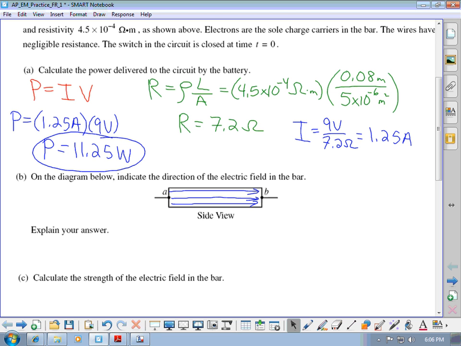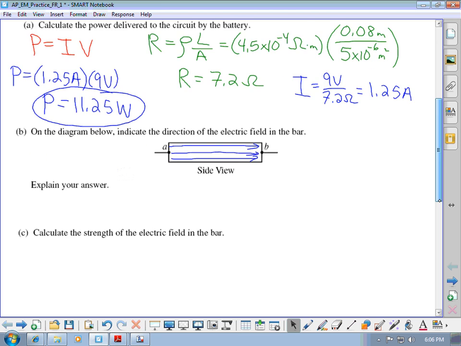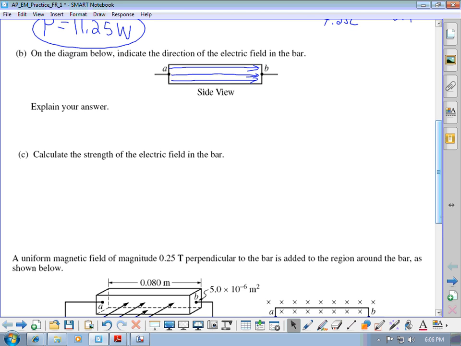Part C. Calculate the strength of the electric field inside the bar. Well, the electric field is constant, and so the voltage difference between the two ends is the electric field times the distance.